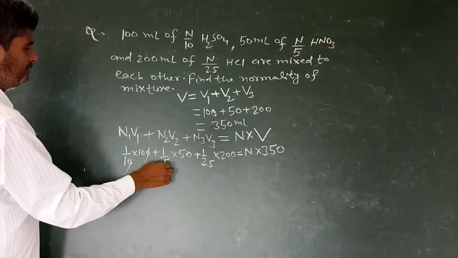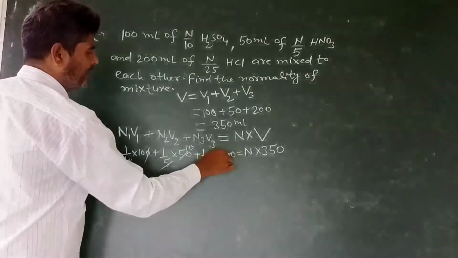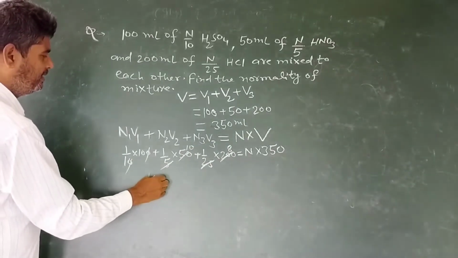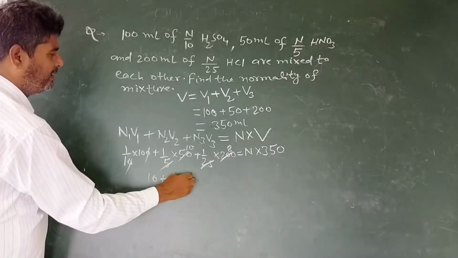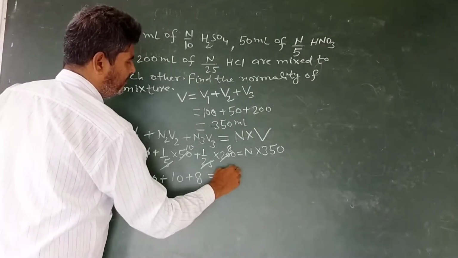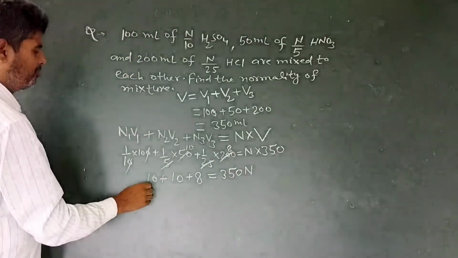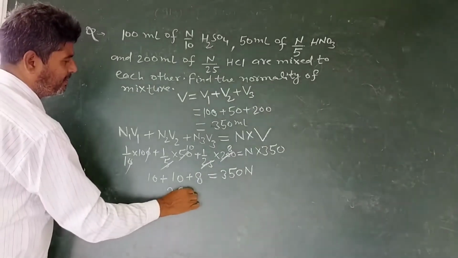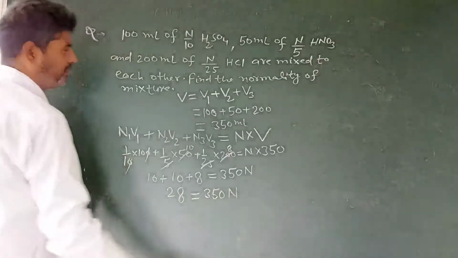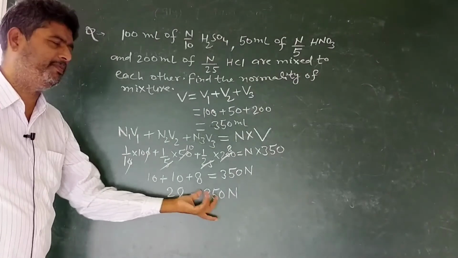5 tens are 50, and 25 eights are 200. So now we have 10 plus 10 plus 8 is equal to 350 N. 28 is equal to 350 N. So N is equal to 28 upon 350.